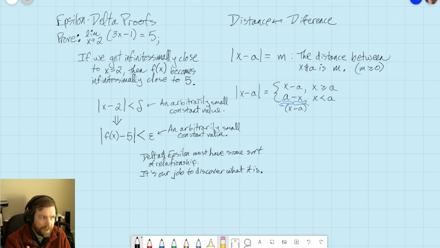And this is why you've been tasked to do this sort of thing in Calc 1, where you're saying, okay, I have to magically come up with this value over here, f of x minus 5, from our x minus 2. Well, sort of.